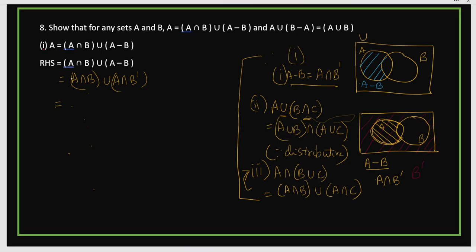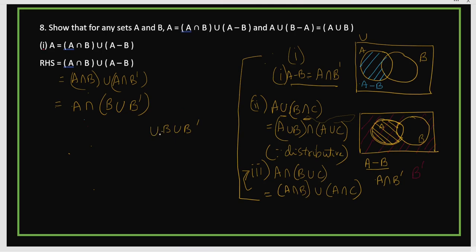So we'll write A intersection, the second set B union the third set B dash. So B union B dash is what? By this time you should know this.